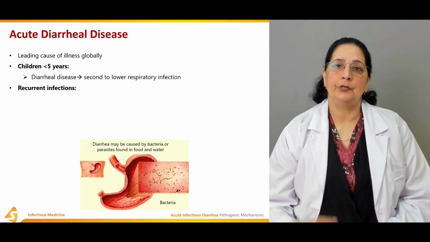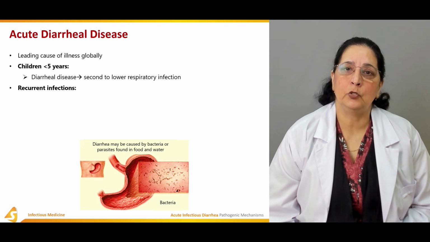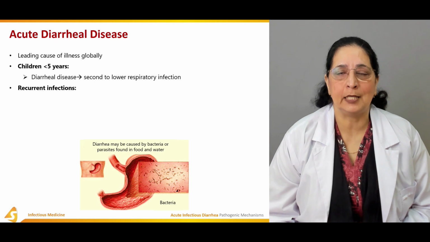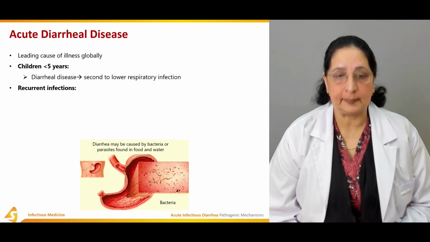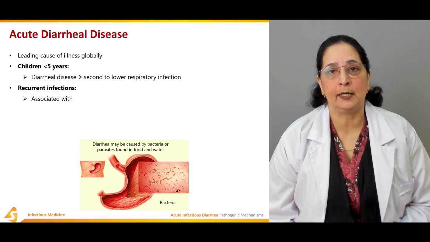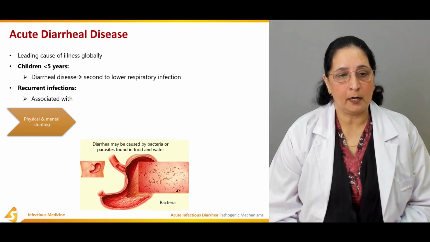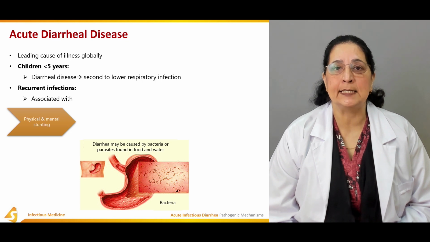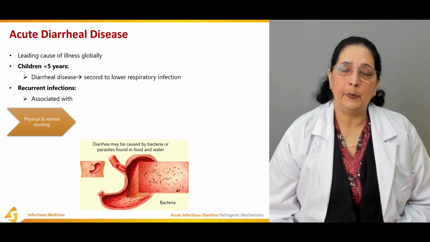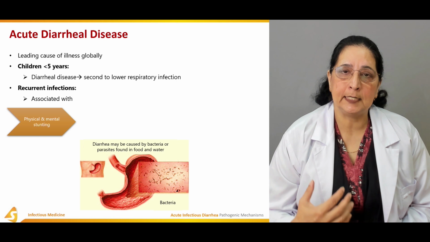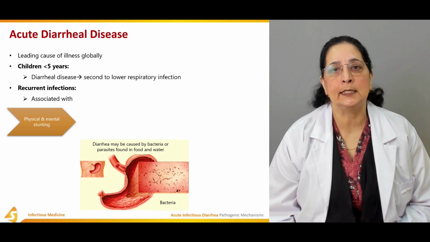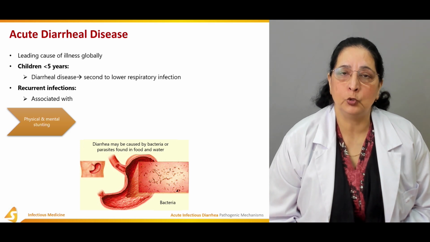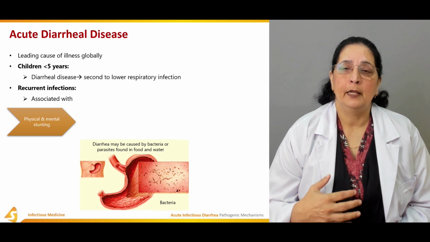Recurrent infection, repeated episodes of acute infectious diarrhea can also occur, and the risk factors associated with the recurrent infection are physical and mental stunting. People who are disabled, not strong enough physically and mentally, they are prone to recurrent infection.